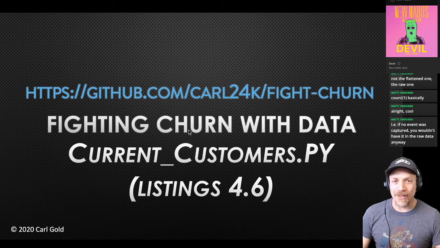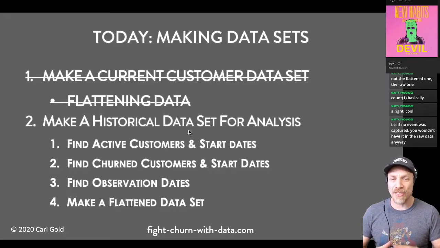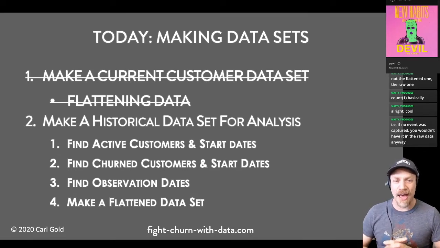All right, but when we do data science, we're more often talking about what I would call a historical data set. And that is a data set where you have outcomes. And the outcomes are, for a churn problem, who churned. But in any data set, you generally have an outcome.